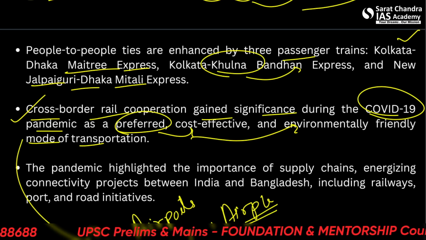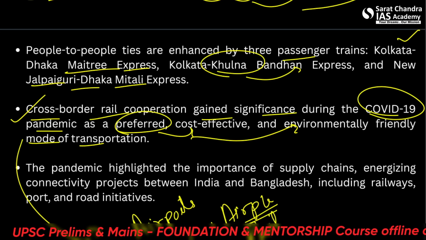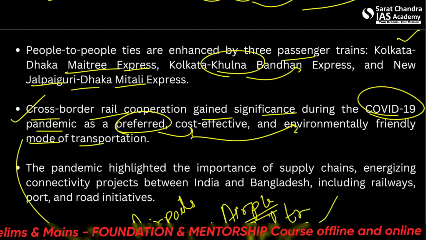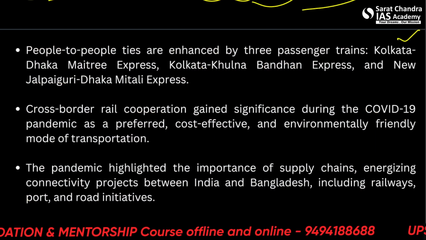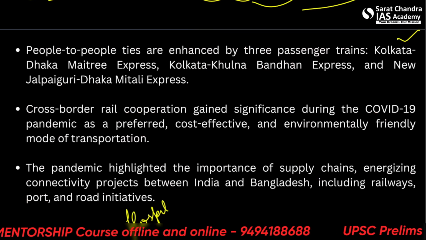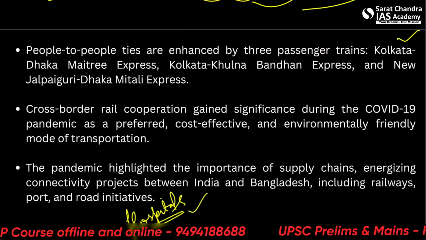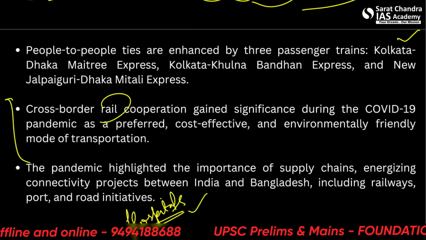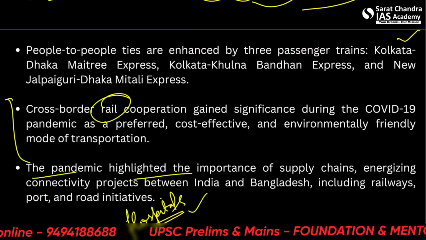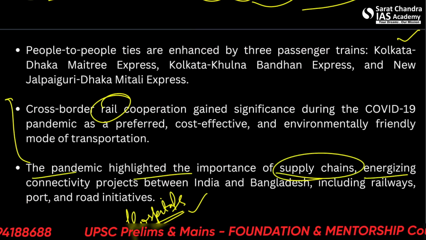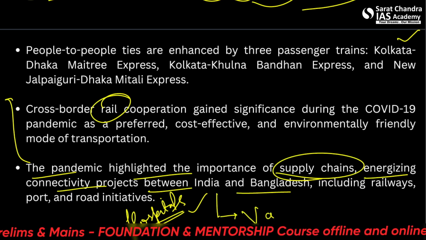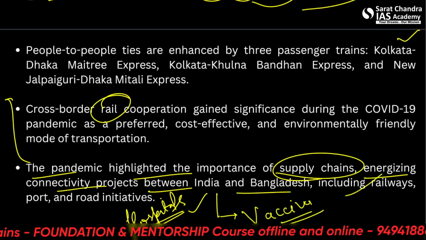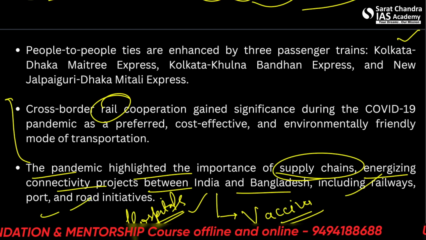So people relied more on rail transport. If you also remember, during the COVID period, many trains were used as moving hospitals. So the importance of trains increased during the COVID period. The pandemic highlighted the importance of supply chains, energizing connectivity projects between India and Bangladesh. Many vaccines were transferred via the rail lines, including railways, ports and road initiatives.